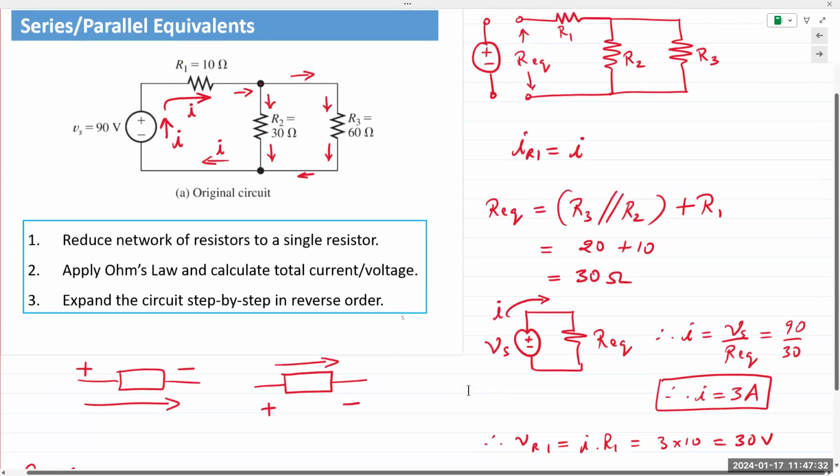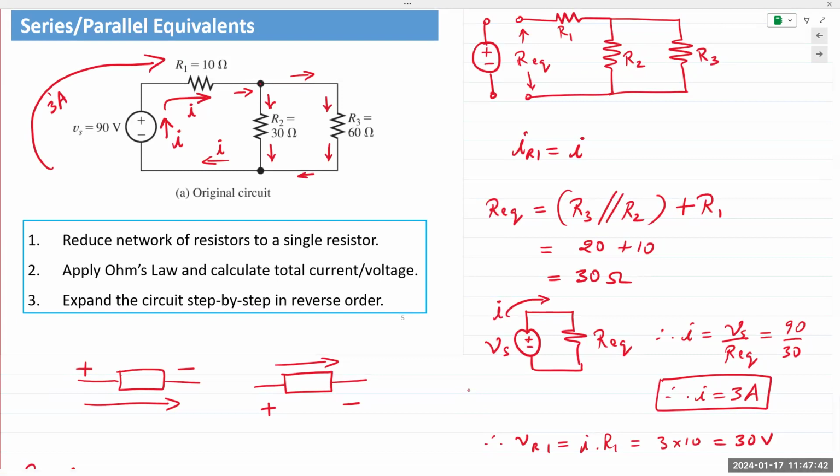So we have the same current I going here. We determine that this is 3 amps. The 3 amps going into R1 causes a voltage drop of 30 volts.